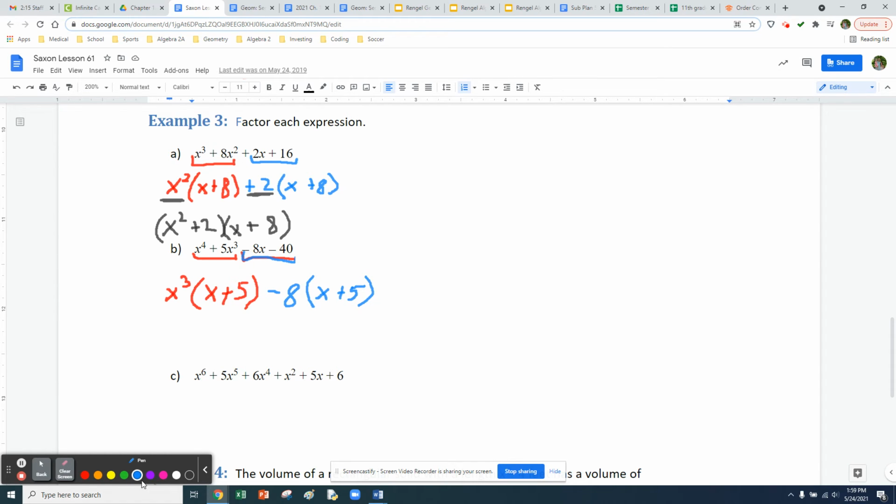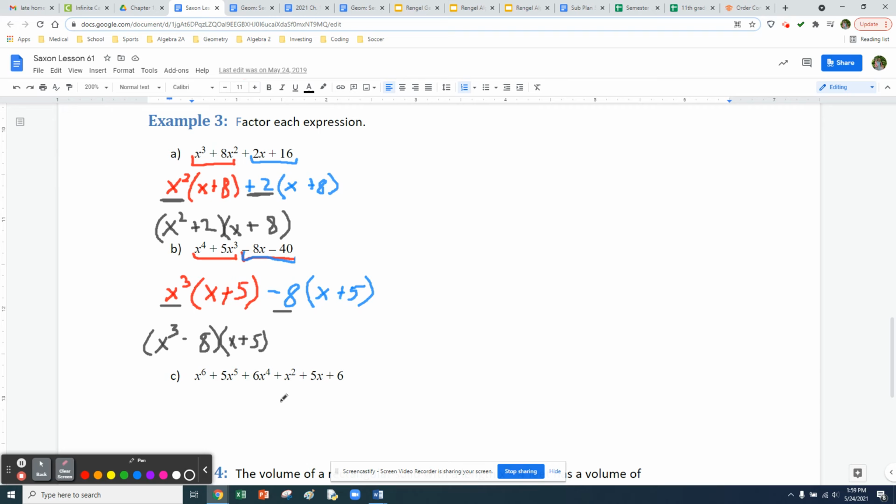Now I can write this as a factor: I'm factoring out the x plus 5s, so x to the third minus 8 times that common factor of x plus 5.